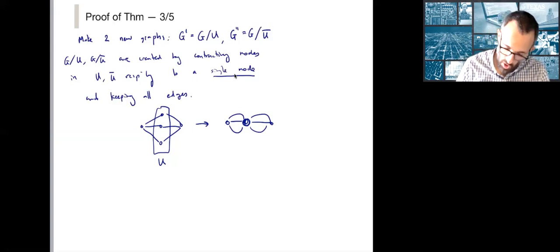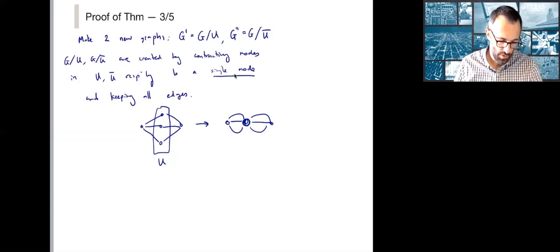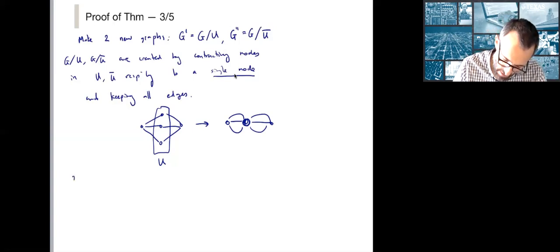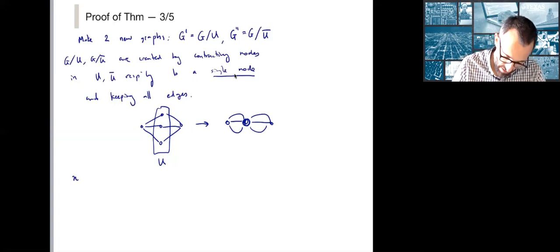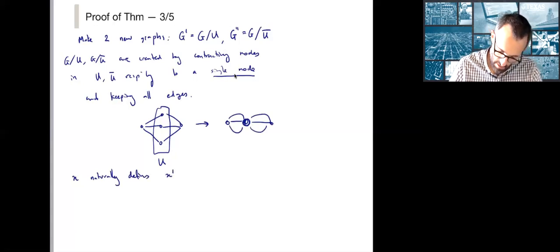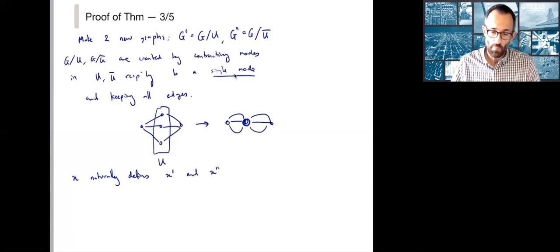Okay, very good. So now with this process, my vertex X naturally corresponds to X prime or X dash and X double dash just by deleting internal edges. So let me draw some internal edges here of a different color.